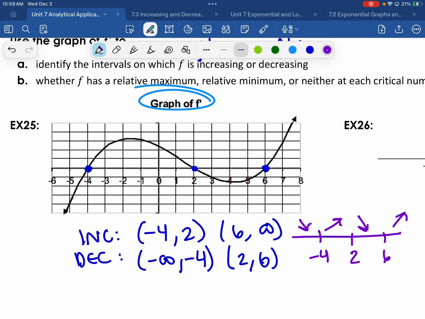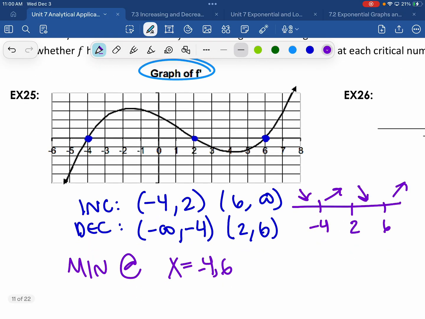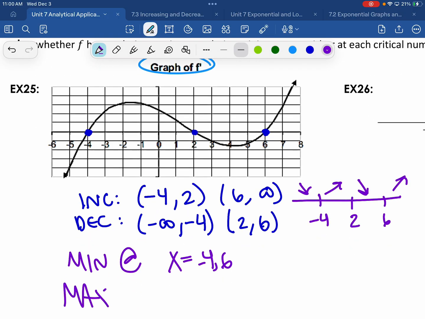And then you start negative, so you decrease, increase, decrease, increase. And I think the number line kind of visually helps you see your max and your mins. So your minimums are going to be at -4 and 6, and your maximums are going to be at 2.